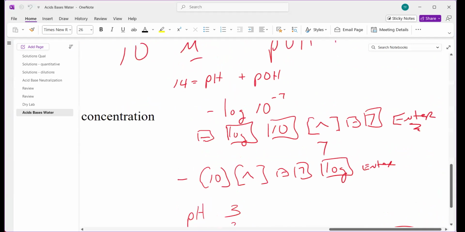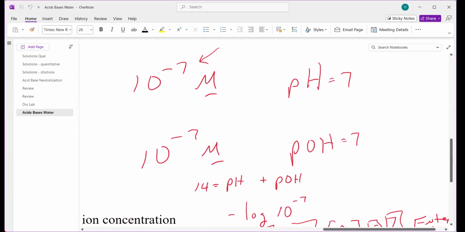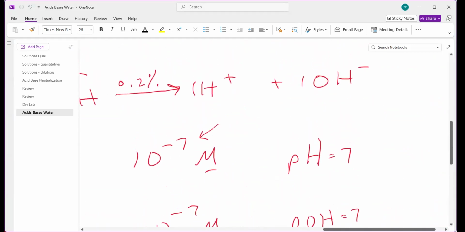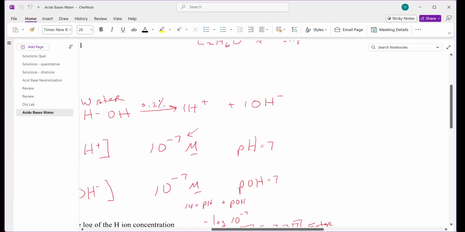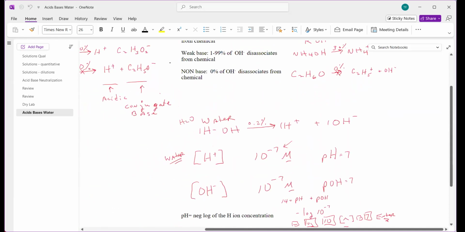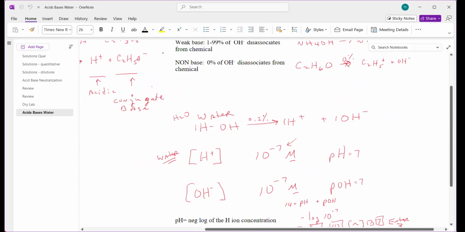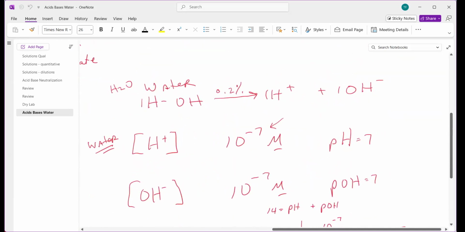Okay. Another thing I want to go over quickly before we continue on is water. Remember, water is made up of an acid and a base together. That's why the concept of neutrality comes in, because it's equal amounts of both.